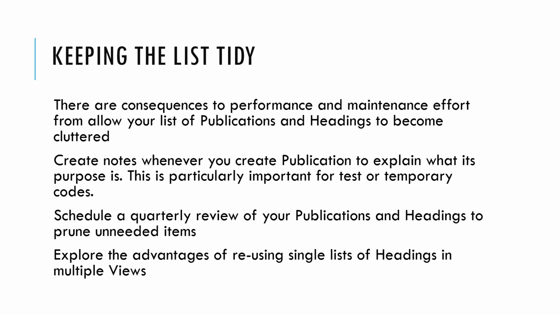That still lets you have a publication-based view to limit what shows up in terms of records, but means that you don't have to create or maintain separate lists of headings for each one of those publications. That won't always work. Sometimes you need to prune that list down, and that doesn't make sense. But if you're literally using exactly the same list for multiple publication codes, that's not an efficient solution. So that signals that it's time to have a different perspective about how to maintain that list of headings.